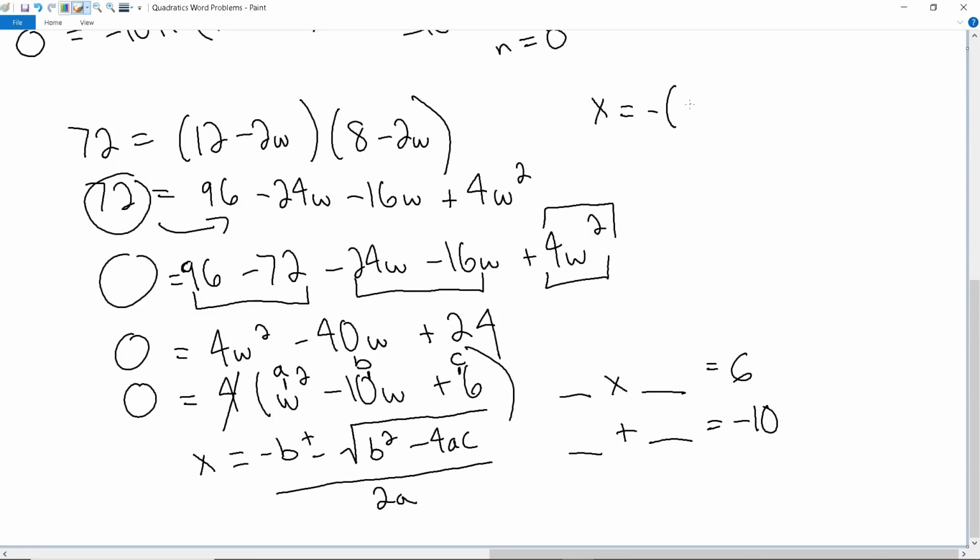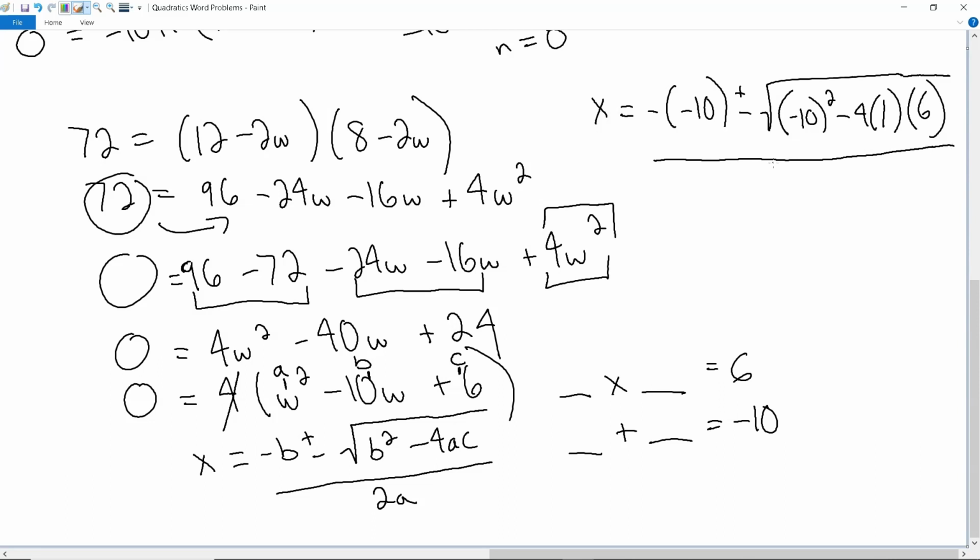So my b is a negative 10, and we're going to plus minus the square root of negative 10 squared minus 4. A value is 1, c value is 6. And that's going to be divided by 2, since our a value is 1.